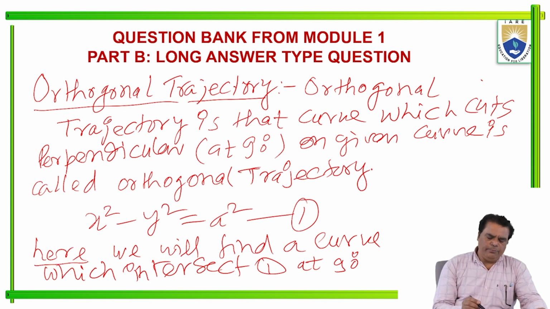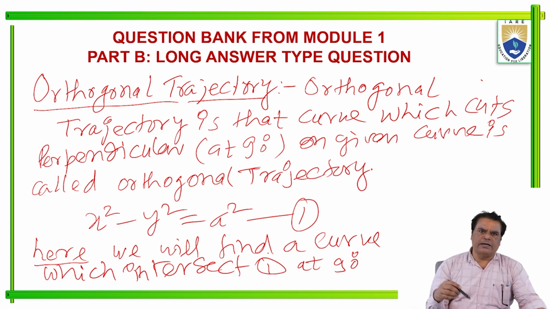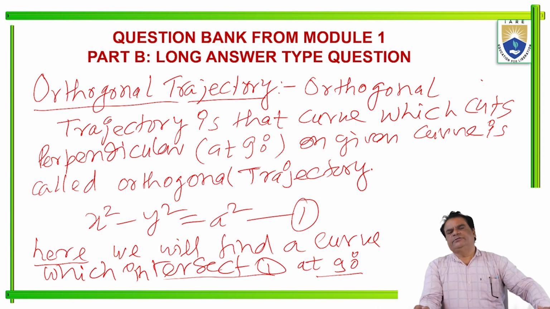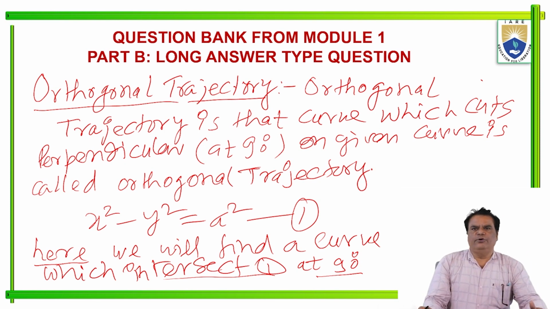Then that curve is known as the orthogonal trajectory of the given family 1.